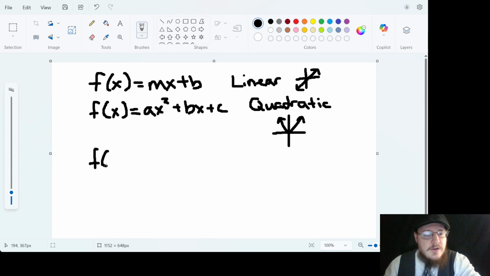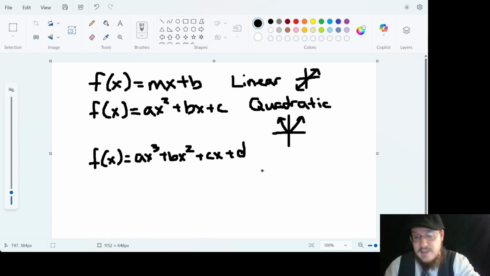And then we've got other higher tiered functions here. ax cubed plus bx squared plus cx plus d. And it keeps going on and on for the higher tiered powers that you go with. And what this is called is a cubic.